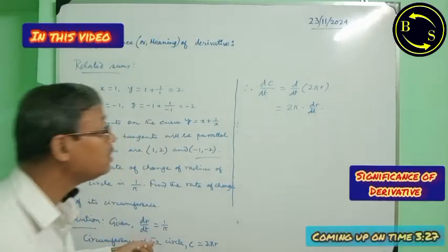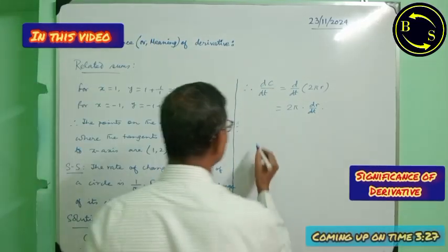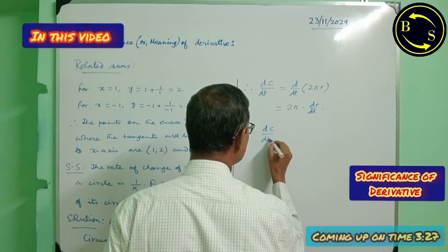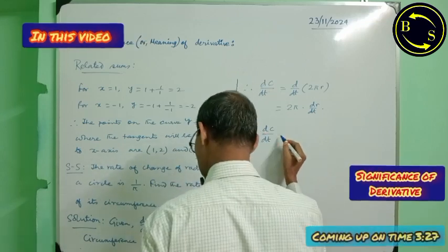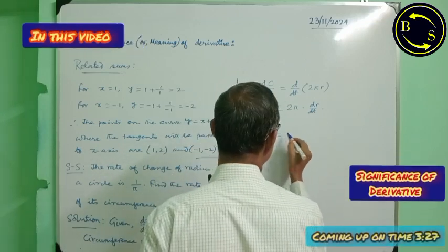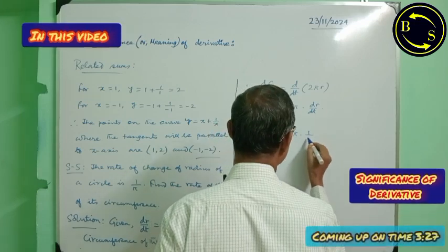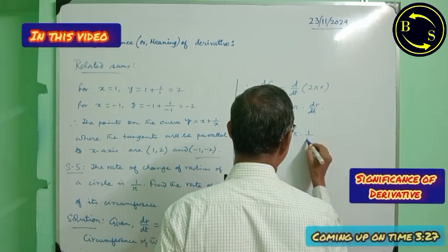Now dRdt is given, therefore dc dt is equal to 2 pi into 1 by pi.